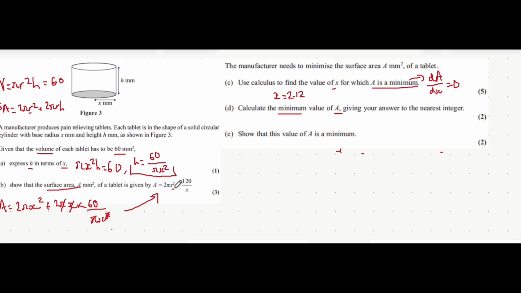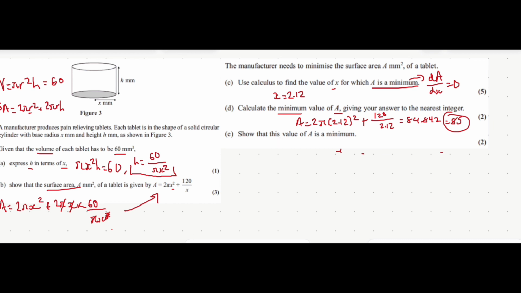So we just put x equals 2.12 into this equation. So we say A is equal to 2 times pi times 2.12 all squared plus 120 over 2.12. When you put that in your calculator, you'll get 84.842, which then just rounds to 85 to the nearest integer. So we can just write 85.